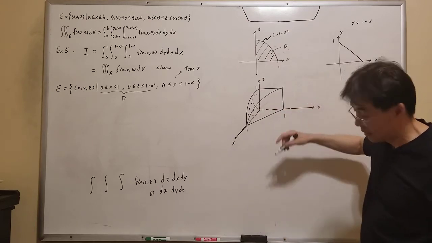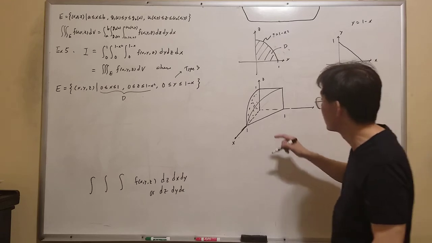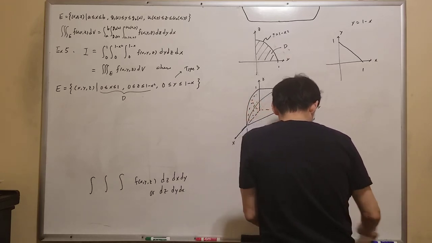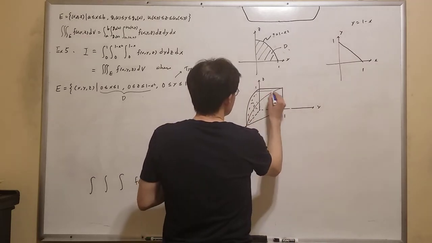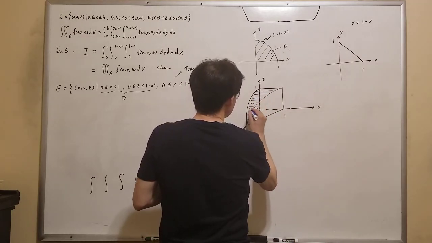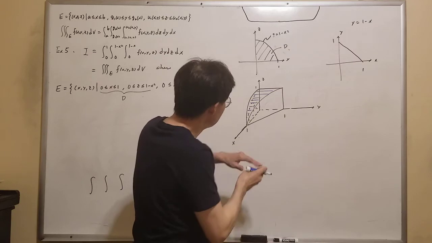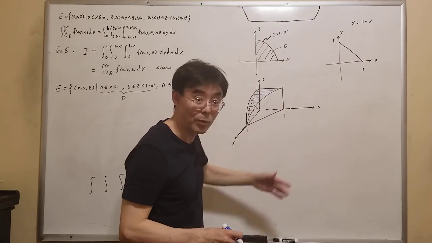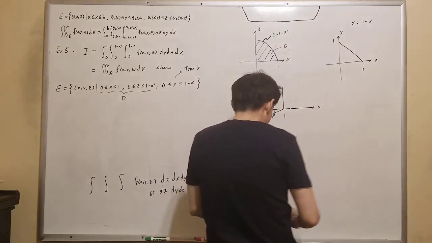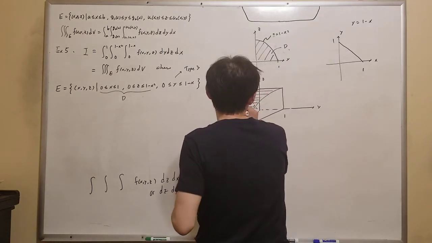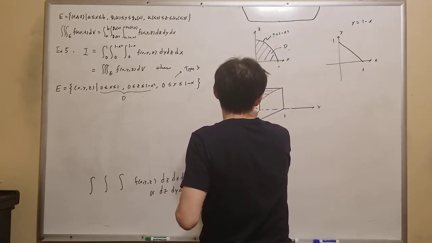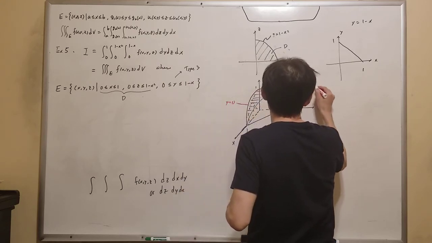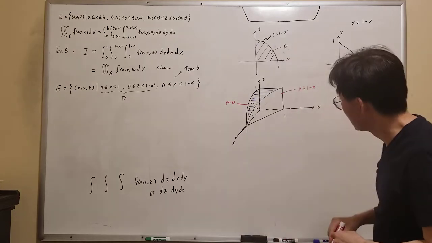So, can you see this? This is parallel to the y-axis. You're cutting this way. Okay? So y runs from y equals 0 to y equals 1 minus x.